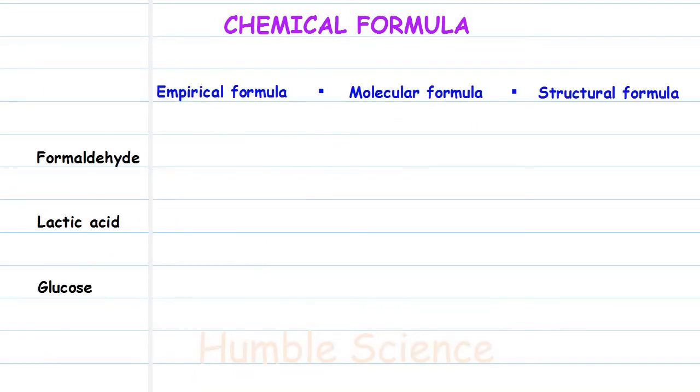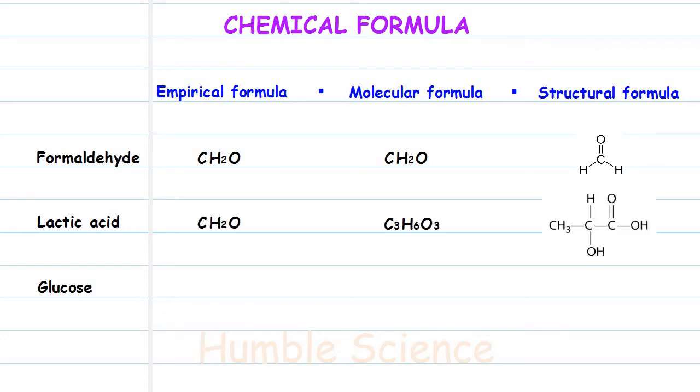Here we will be taking a look at the empirical formula, the molecular formula, and the structural formula for formaldehyde, lactic acid, and glucose. For formaldehyde, the empirical formula and the molecular formula are the same. It is CH2O. And the structural formula shows that it contains 1 carbon, 2 hydrogen, and 1 oxygen, the same as in the molecular formula.